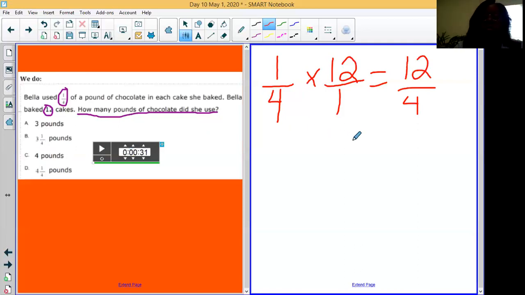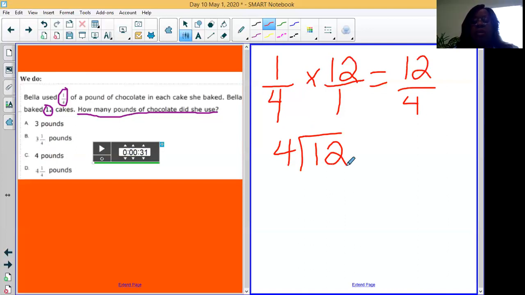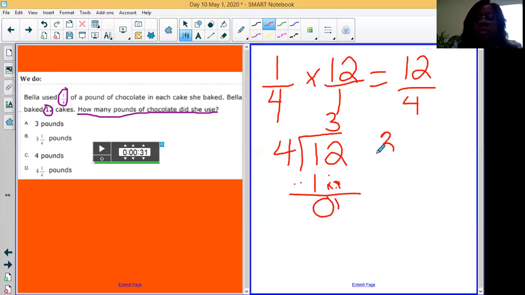So the first thing I can do is divide my denominator 4 into 12. And if I skip count my fours, 4, 8, 12, that's 3 times. 3 times 4 gives me 12. And I subtract, and my answer is 0 here. So my answer would be 3 wholes. That's one way to complete that problem.